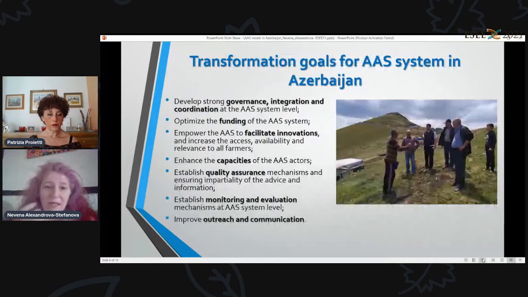So based on that, we have developed certain transformation goals for the agriculture advisory system in Azerbaijan.